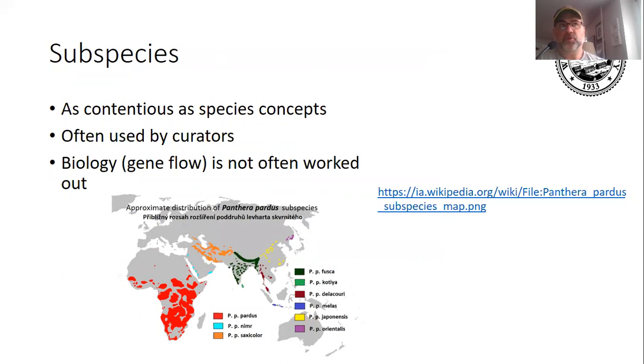And so you have organisms that are physically different, so the phenotype is different, and we just don't know if those are different species or not. More than likely these things are going to be different species, but it all depends.